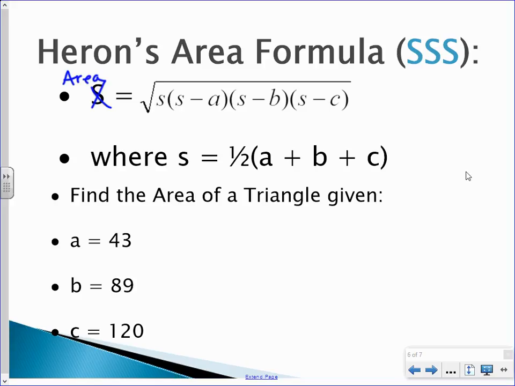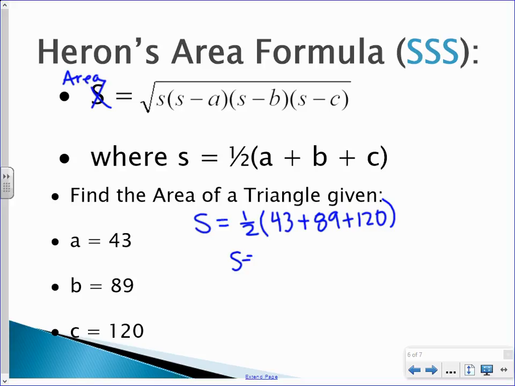All right, so these are our three sides. First of all, we need to find little s, which we find by taking 1/2 times the sum of our three sides. What do we get? 126?